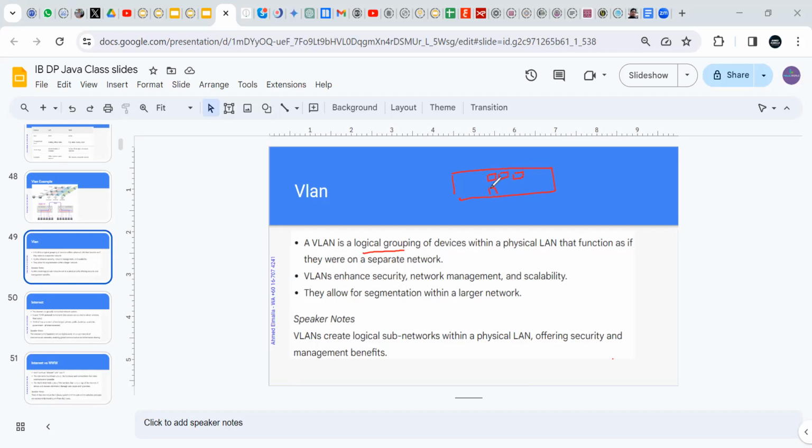So I can say, okay, port 1, port 2, and port 3 are one VLAN, VLAN 1, and these 3 here go to VLAN 2, and so on. That is possible with a good network switch.